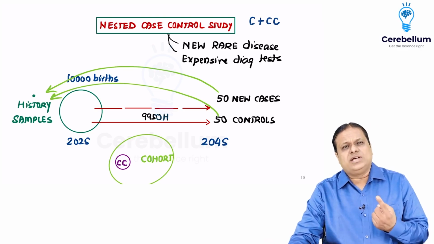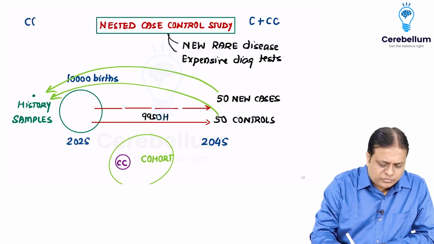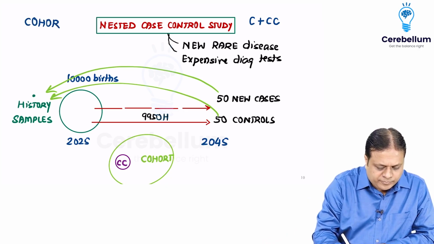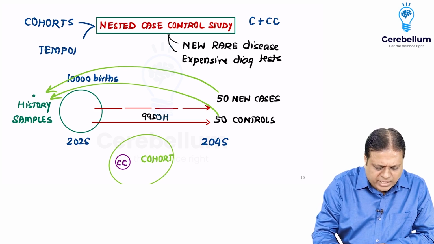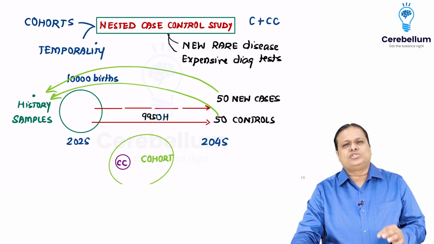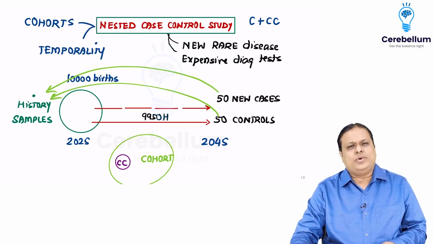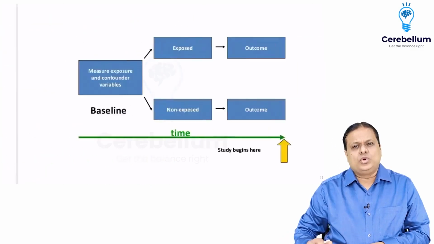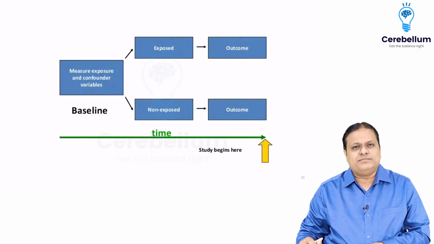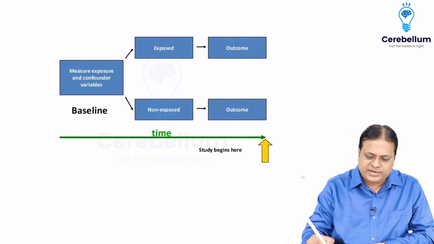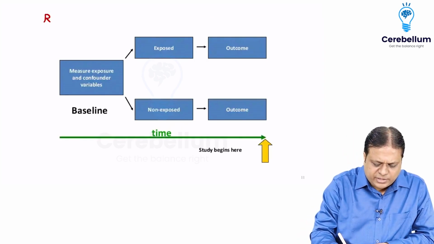But if they ask you for a single answer, it is mainly a type of cohort study because its major direction is forward: temporality, temporal association, cause to effect. It still consumes 20 years of your life. So look at this particular diagram. This is a retrospective cohort study.